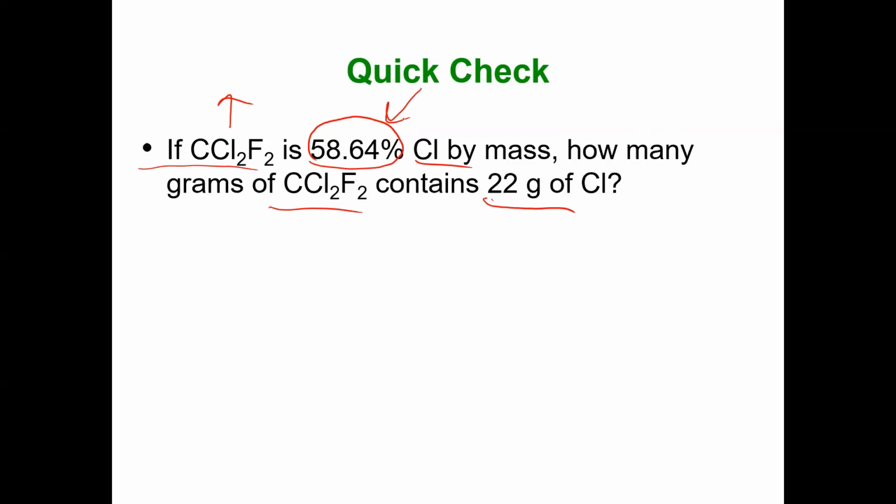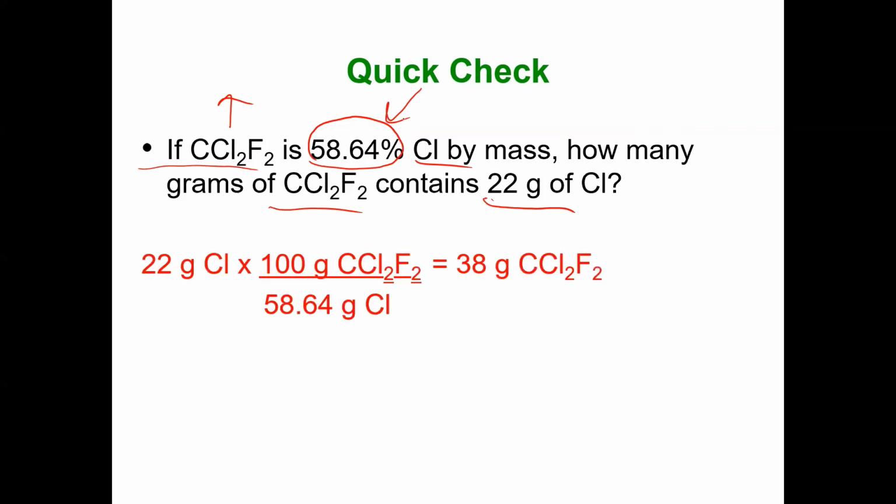Because now all I got to do is say, well, 22 grams of chlorine. If it's 58.64% chlorine by mass, that's basically saying there's 58.64 grams of chlorine per 100 grams of this dichloro-difluoromethane. And that's what they did right here.